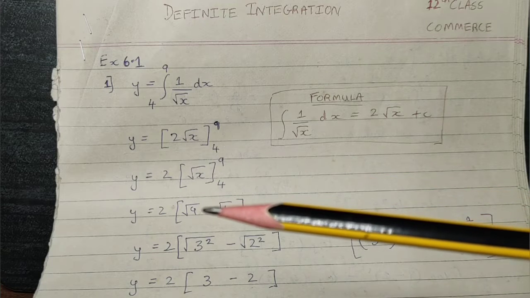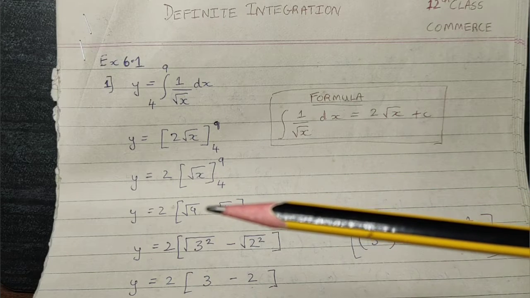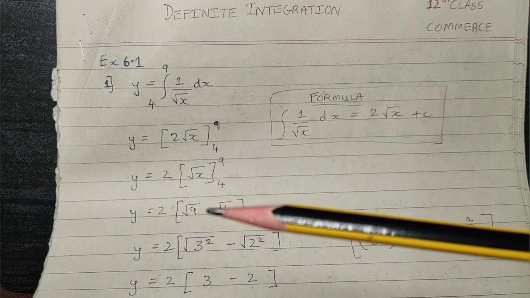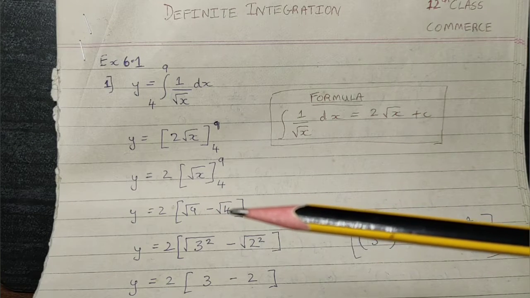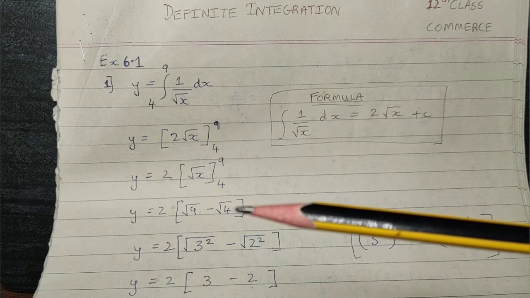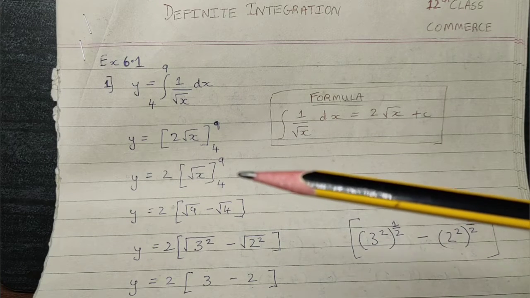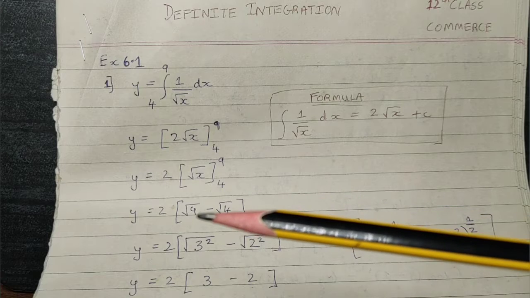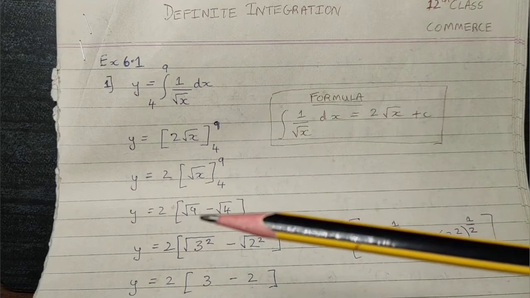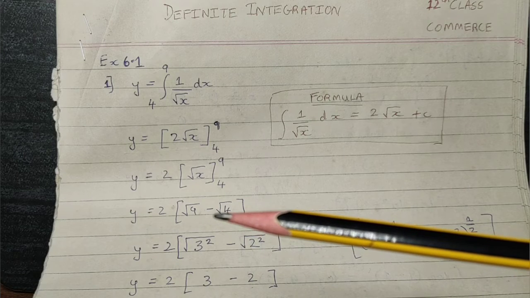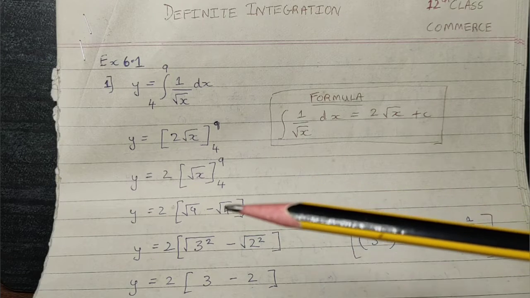Firstly, we will be putting the upper limit instead of x, then we will be putting a negative sign, and then we will be putting the lower limit. So upper limit minus lower limit. Instead of x, we have to put these two numbers out here.